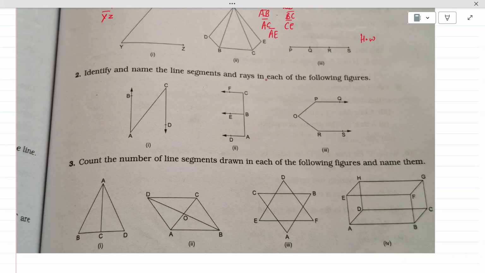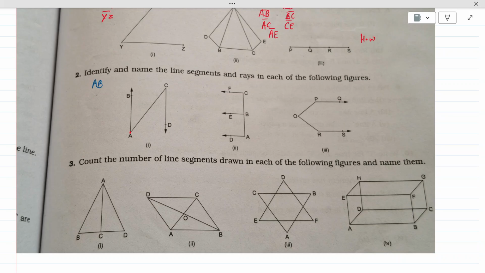Let us go here. In the very first figure we have A and B. A is a fixed point because there is no arrow, it is not extending in any direction, so this is the starting point. And B is extending in one direction, so AB is a ray. I am marking rays in blue color.